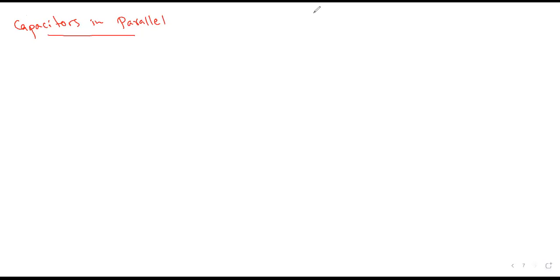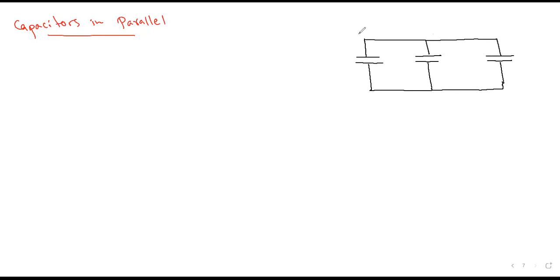Okay, so let me draw this diagram. Let's see if it makes any sense. So suppose I have three capacitors over here. They are connected with the battery. So this is V.